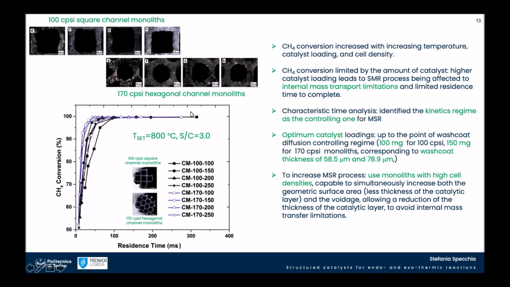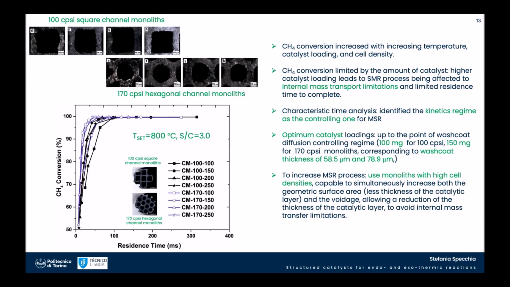And let's say what we notice is that the methane conversion is limited by the internal mass transport. So that's why it is not necessary to overcharge or to go for very high amounts of catalyst. And this is good because it means that we can limit the expenses by, let's say, optimizing the catalyst loading.